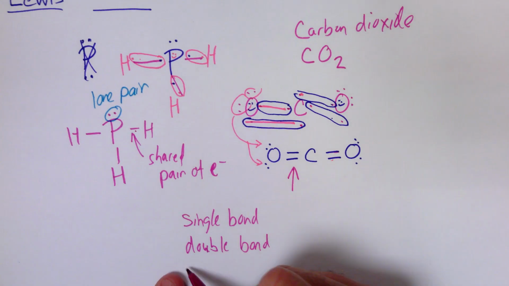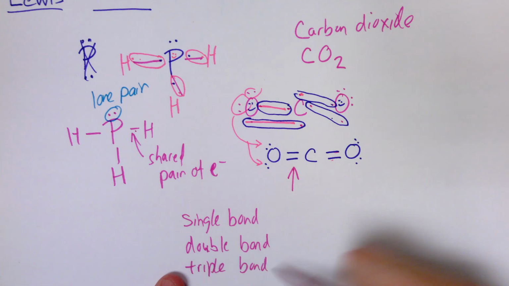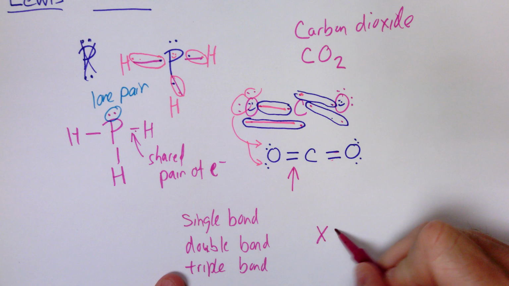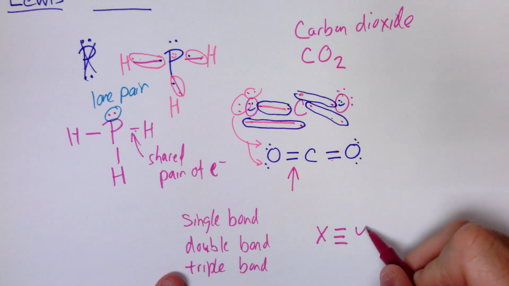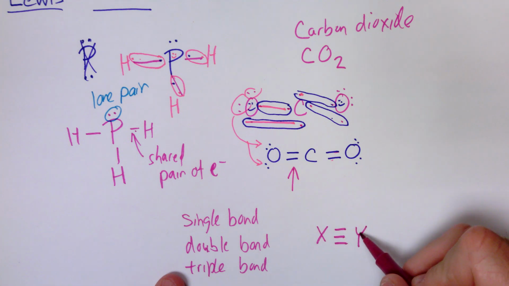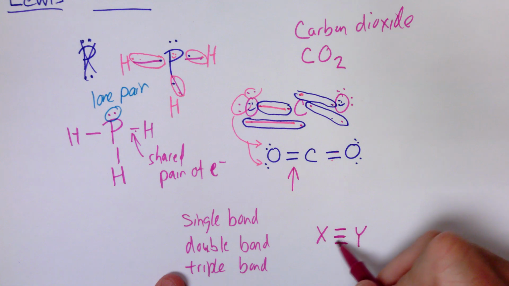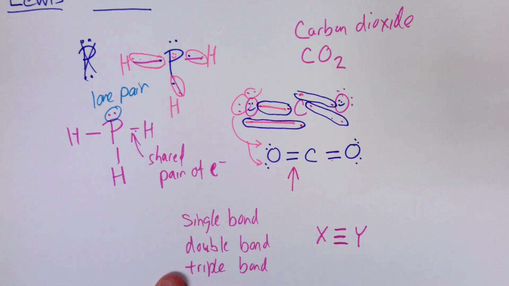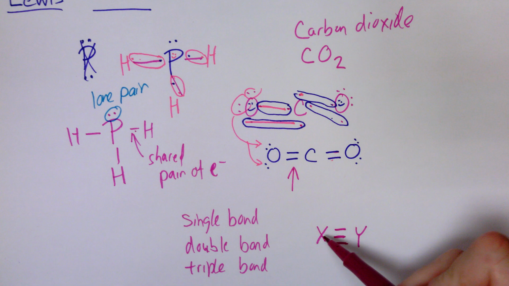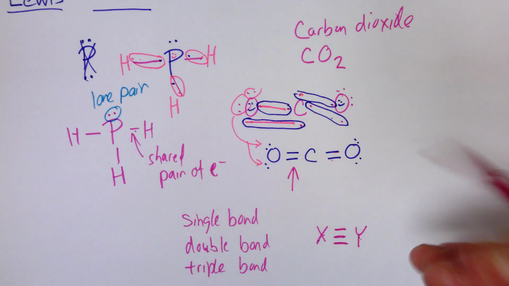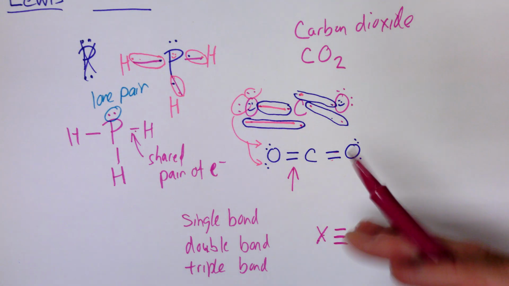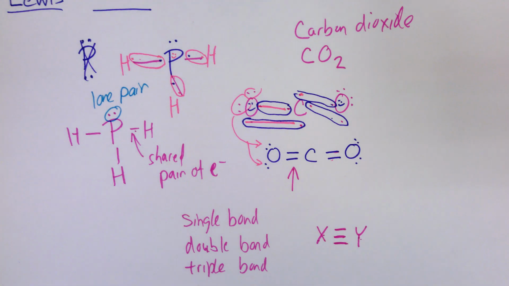And you can even get a triple bond. Atom X and atom Y can have 3 shared pairs of electrons between them, and that's what's called a triple bond, when there are 3 pairs of electrons being shared between 2 atoms. And you'll see some examples of these when we do our practice work with this.